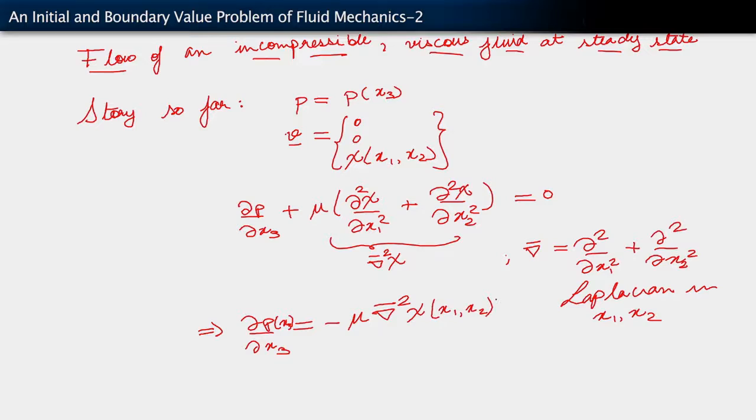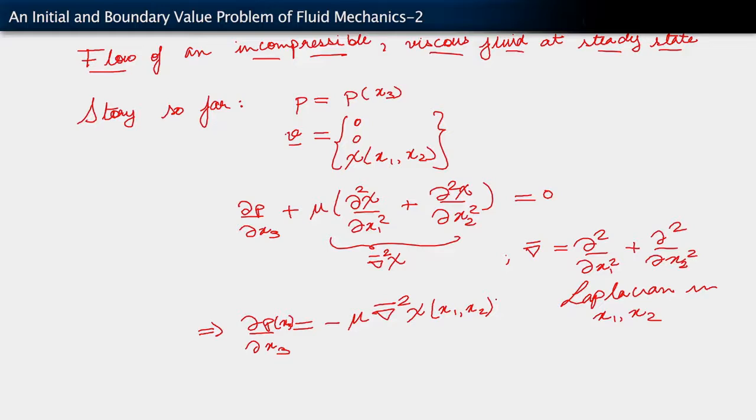You observe that on the left-hand side, we have something that depends only on x3, whereas on the right-hand side, we have something that depends only on x1 and x2. Yet they must always be equal. They must be equal at every point in the domain.